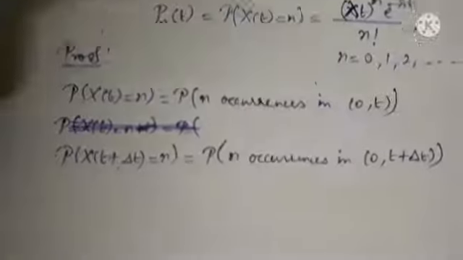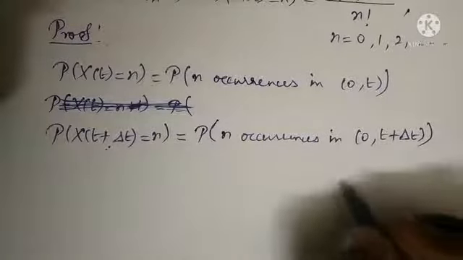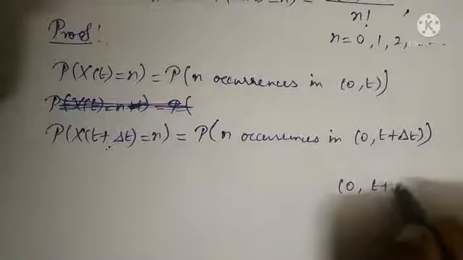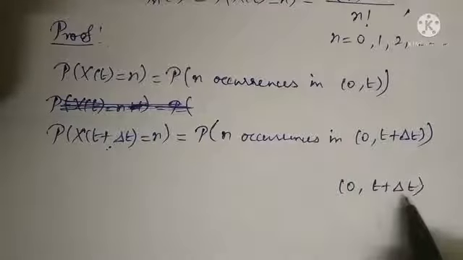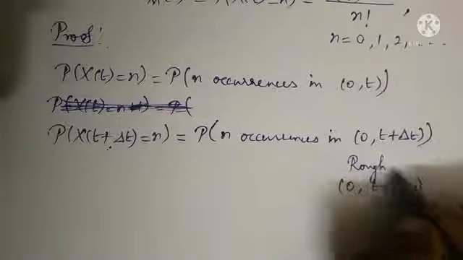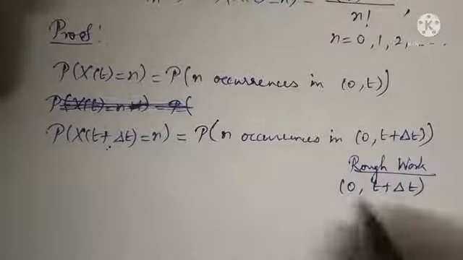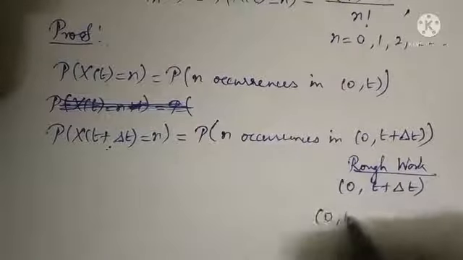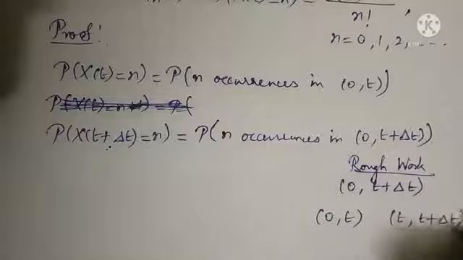Now listen here. Let us take this interval 0, t plus delta t. Delta t is the small change in time, you know. This is rough work. Let us split the interval 0, t plus delta t into 0, t and t, t plus delta t.